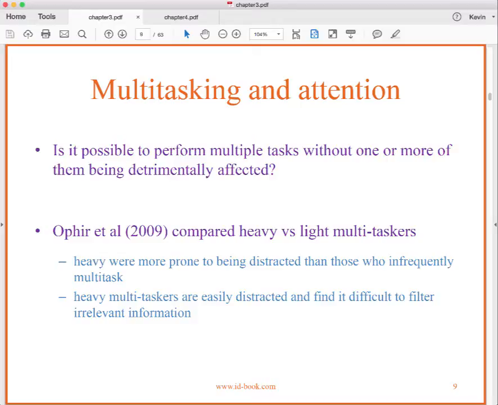And other people are multitasking because they really want to share their attention. And so you really have to ask yourself, are we encouraging an optimal level of multitasking in the user interface that we're creating?